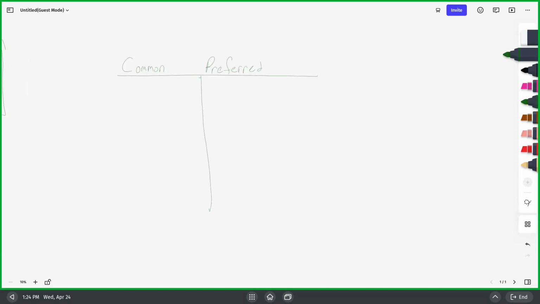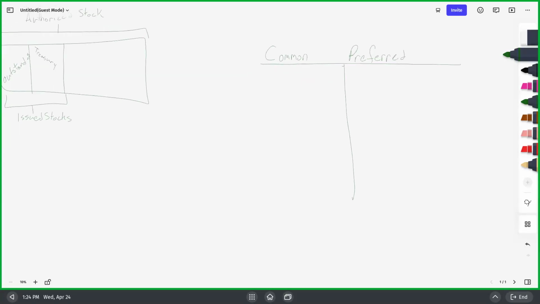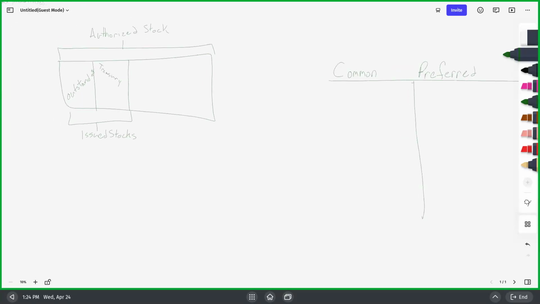So one big thing, common and preferred stock, where are we going to find our common and preferred stock in this little chart? Nope, this is all an issue. This is basically in the void. So it's not going to be everything else. Where is common stock and preferred stock located?